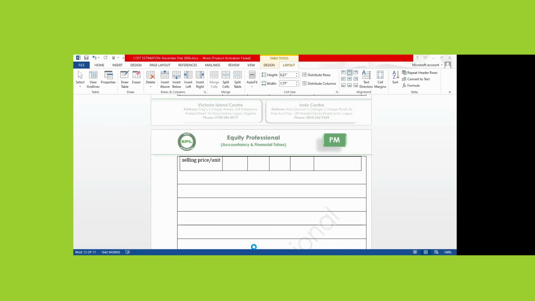But please note, variable cost per unit will be the same. Total variable cost will increase, but the variable cost per unit will remain constant.